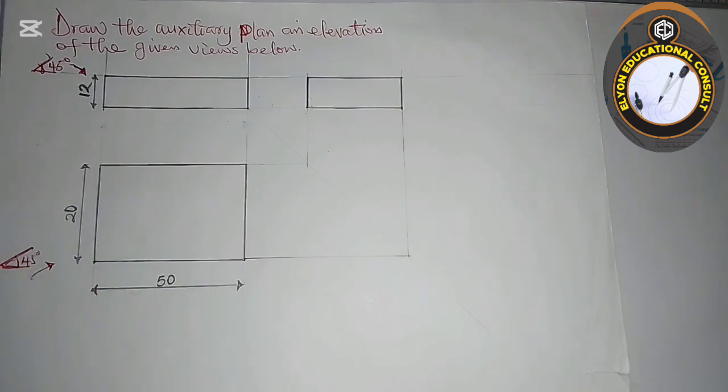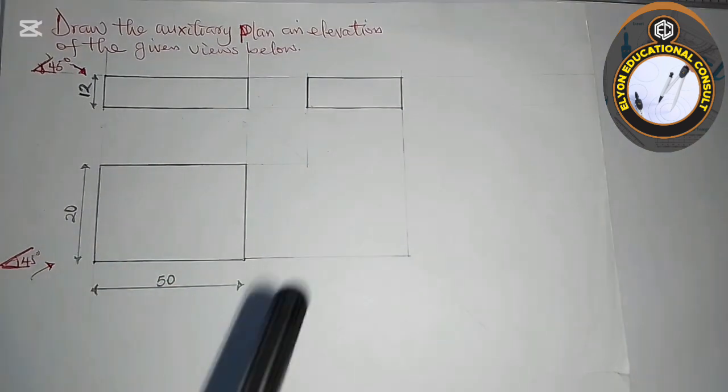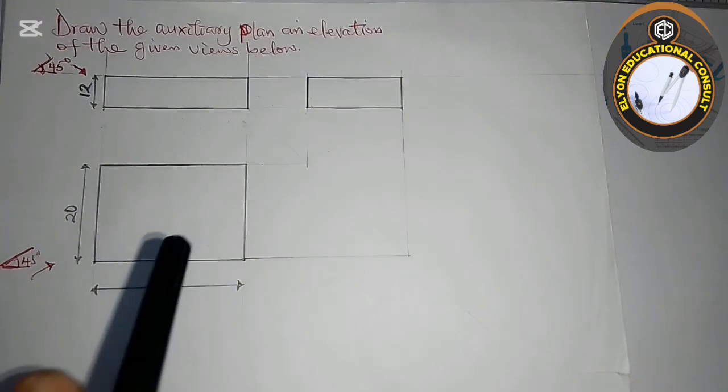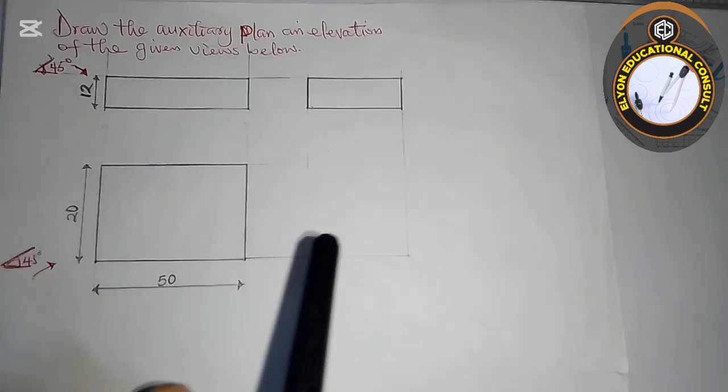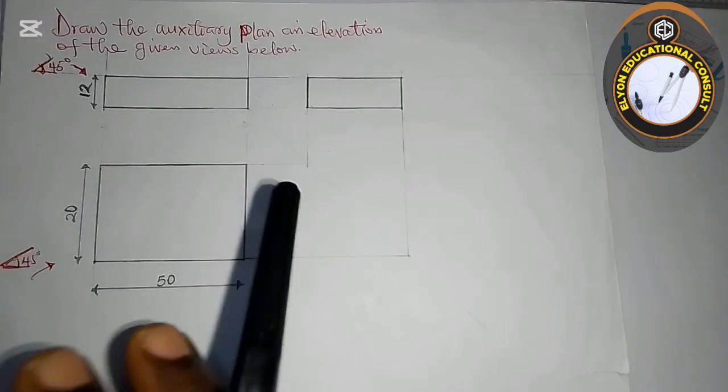Auxiliary views are used to show the principal planes, that is the plan, the elevation and the end elevation. I've explained all of this, but don't worry if it's looking confusing. By the time we get into practical drawing, you'll be able to understand all of that. Please just take note of the fundamentals.